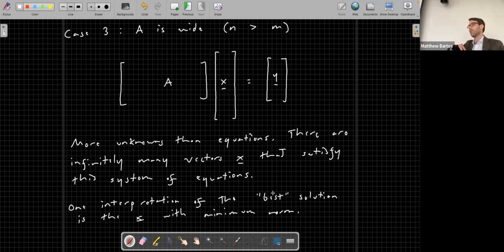So for instance, if you have a curve going through all these points, you don't want the curve jumping up and down all over the place, right? So in general, you want the curve that has the minimum norm. And one way to do that is to solve the following constrained optimization problem. So there is kind of a best solution. I'm going to go ahead and formulate it as an optimization problem, just like we did before.